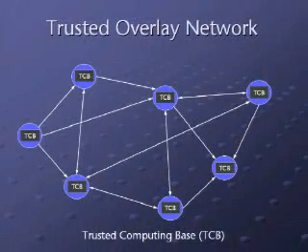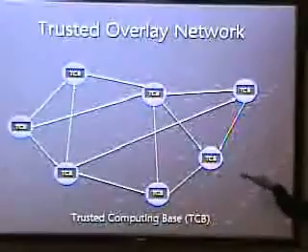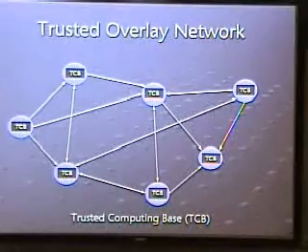Then we use the fail-stop model instead of the Byzantine model, and it protects against compromises from these botnets. So basically what we get at the end is a whole network of nodes that have trusted computing bases on them, and all these nodes authenticate to each other, or not necessarily to each other, depending on the network topology.